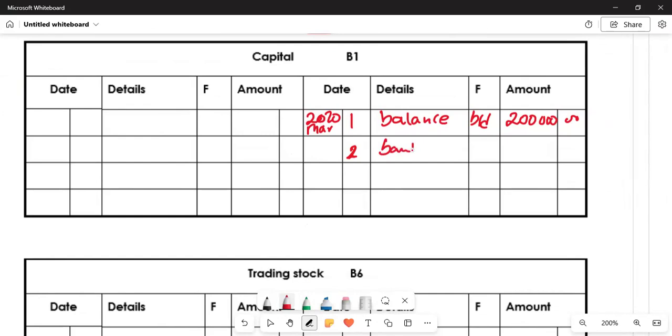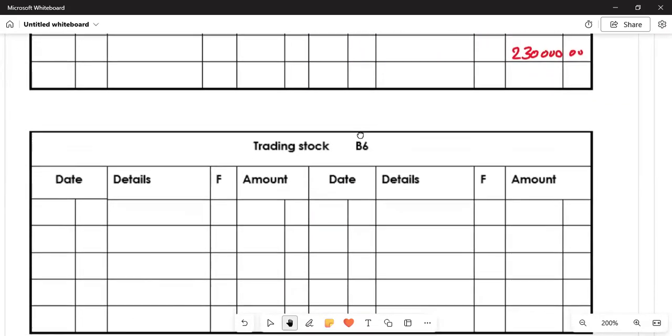We received that, and then we write CRJ, and then we received 30,000. Then we have to add them. We are going to get 230,000. So we are done with capital. So now we are to come to trading stock.